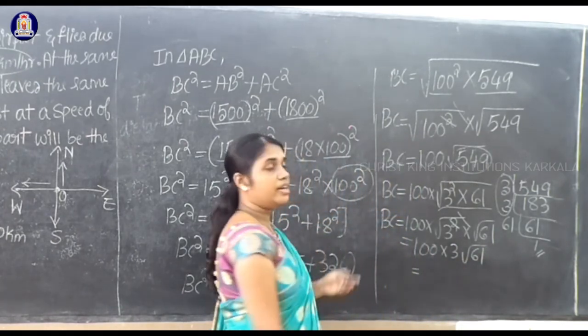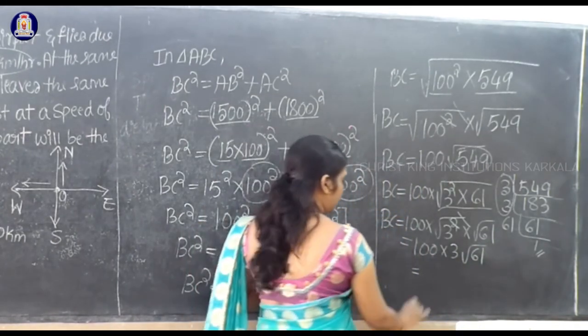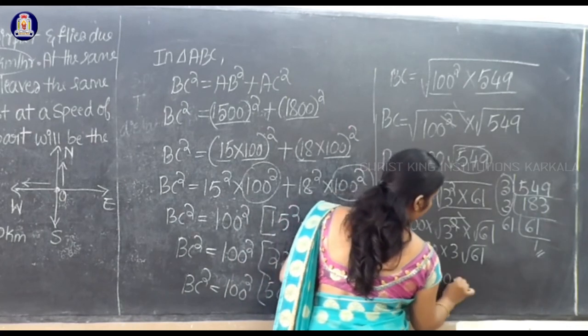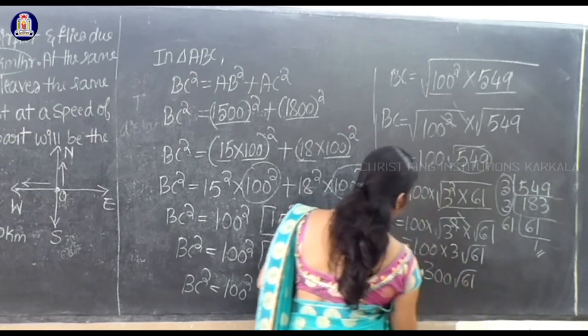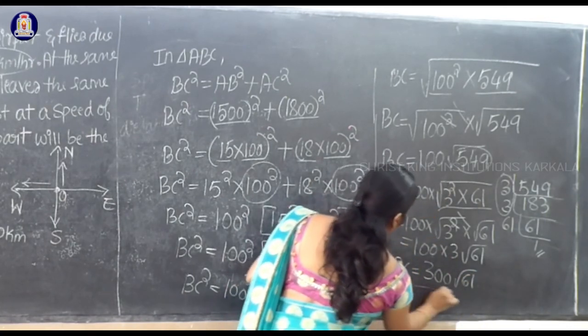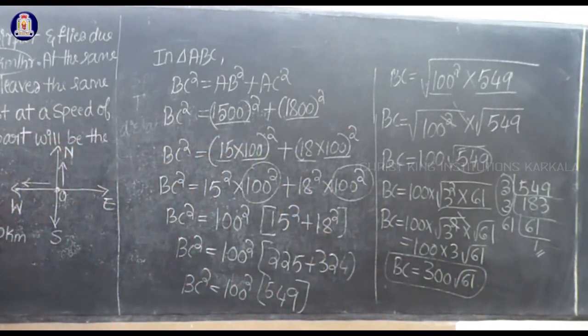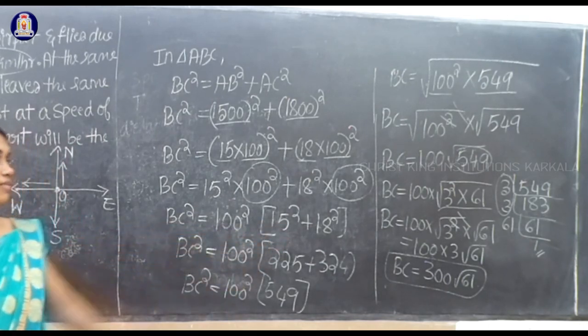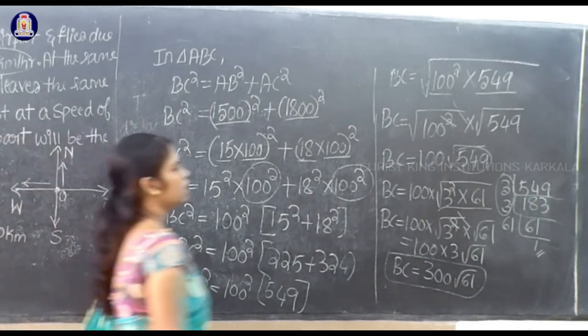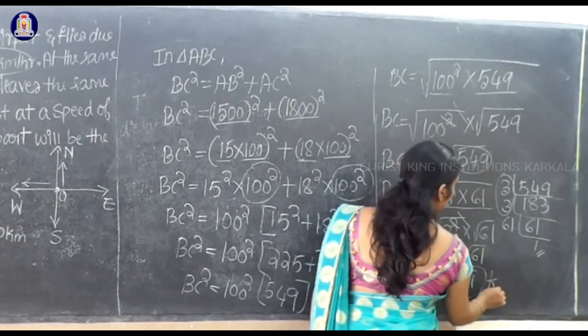Okay. So 100 into 3 how much? 300. So therefore 300 into square root of 61. Therefore the distance between point B and point C is given by 300 root 61 kilometer.